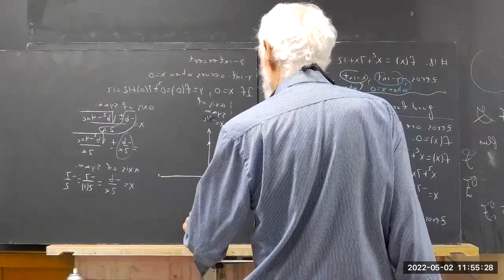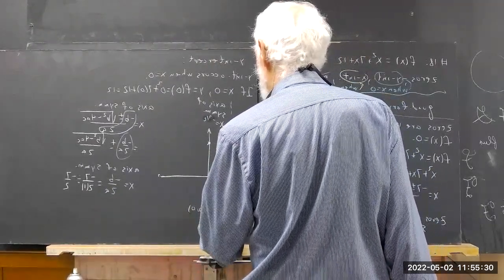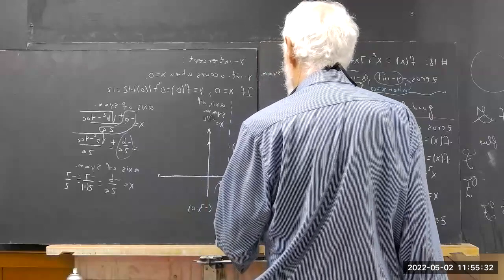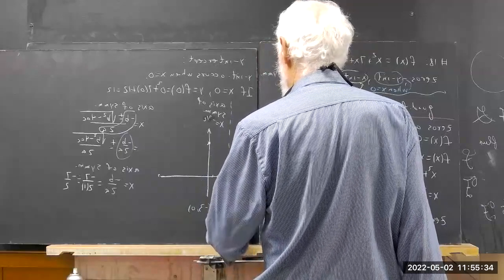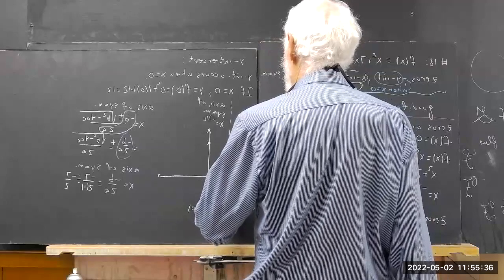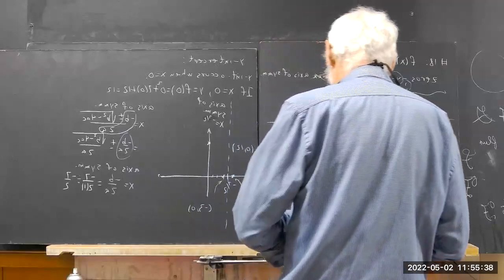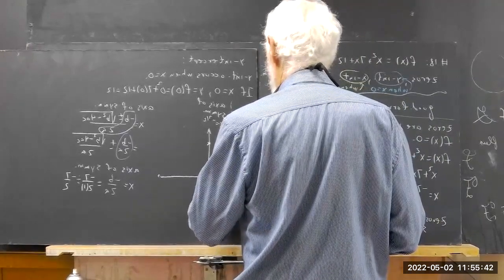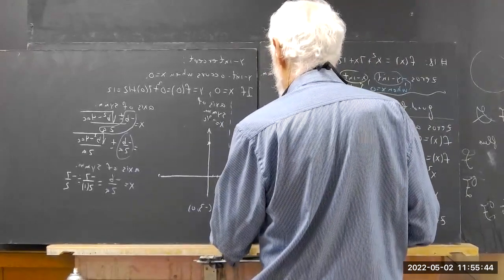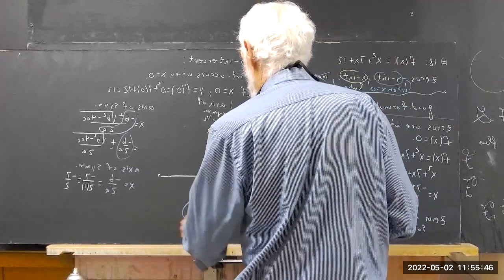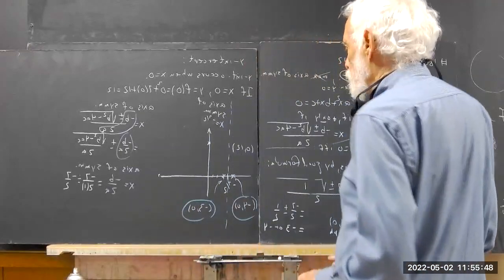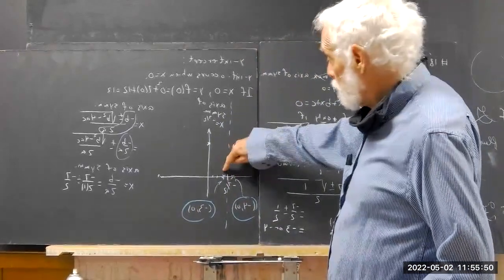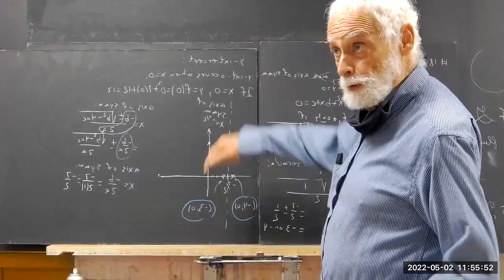So we have the point negative 3, 0, and negative 4, 0. Let me color code those. So this point's on the graph, this point's on the graph, and this point's on the graph.